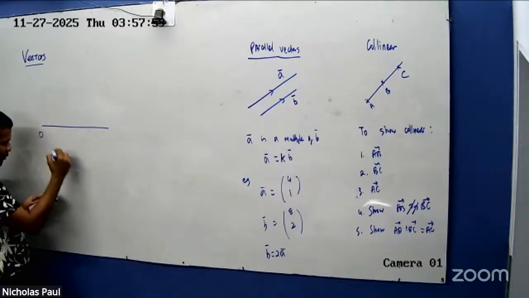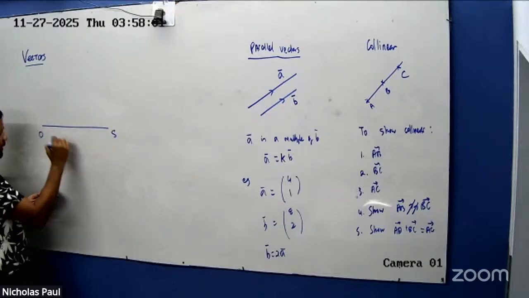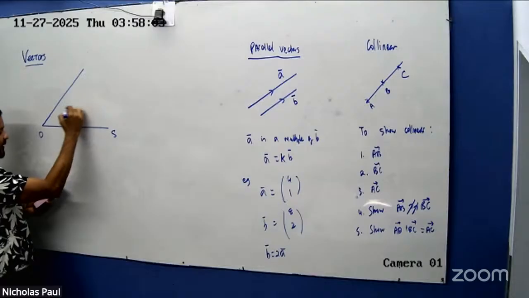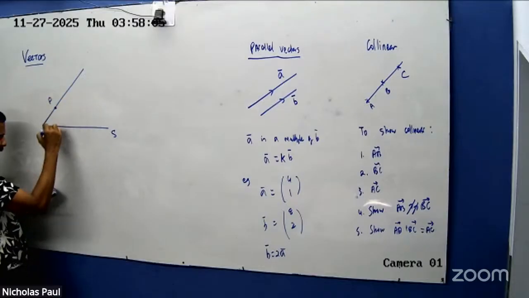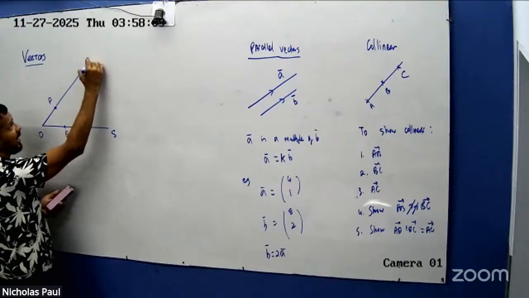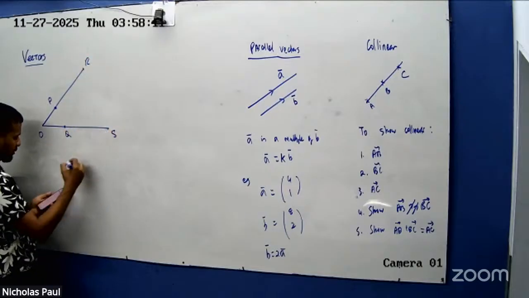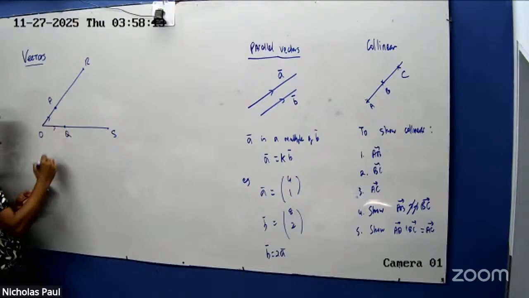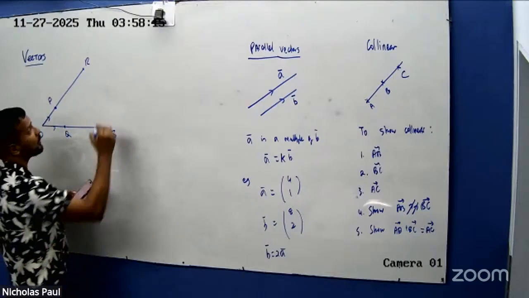So we have O, we have S. I join it here, right? Because we always need a diagram. We have P and we have Q. And we have R. Right, the question gave us this.